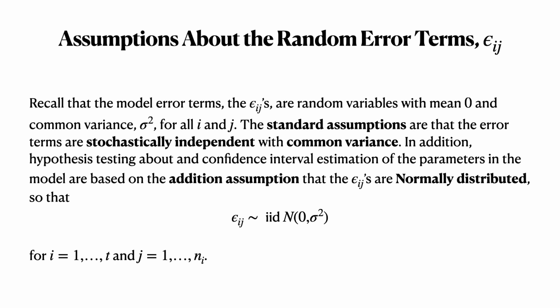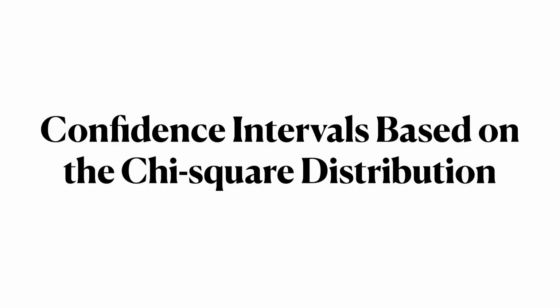In addition, hypothesis testing about and confidence interval estimation of the parameters in the model are based on the additional assumption that the error terms, the epsilon sub ij's, are normally distributed. And so we'll use this in looking at how to construct confidence intervals based on the chi-square distribution.